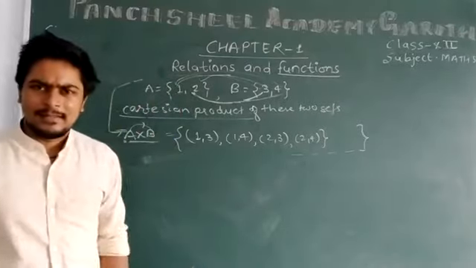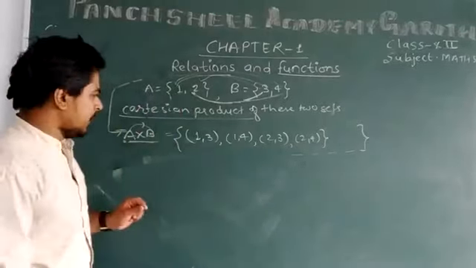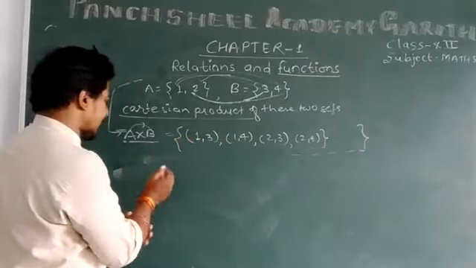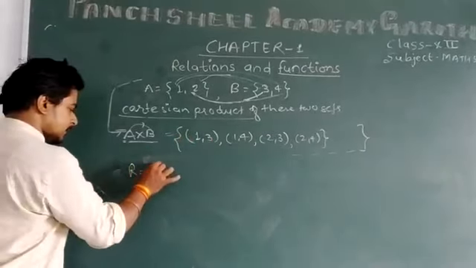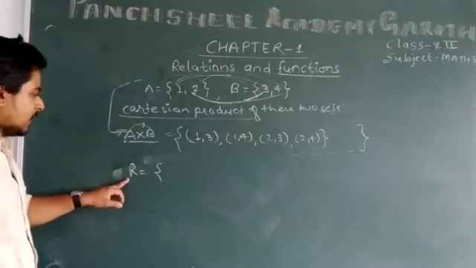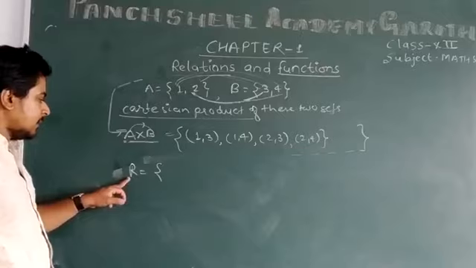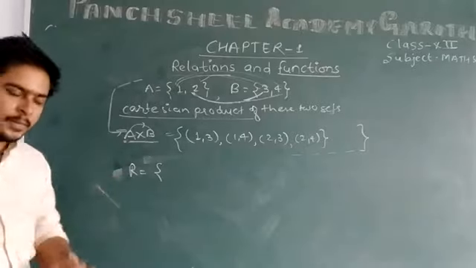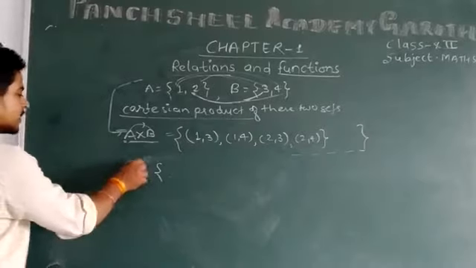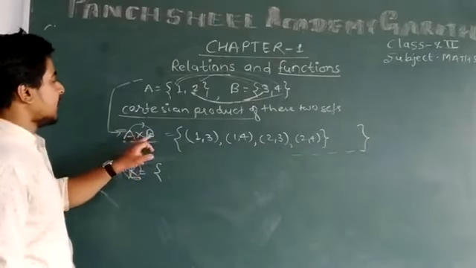What is relation? Relation between the two elements, or we can simply define it as: suppose R is a relation and R contains some ordered pairs. Suppose R is a relation defined from set A to B.